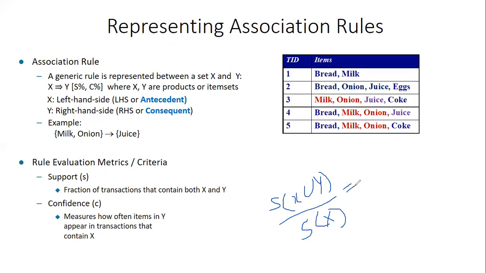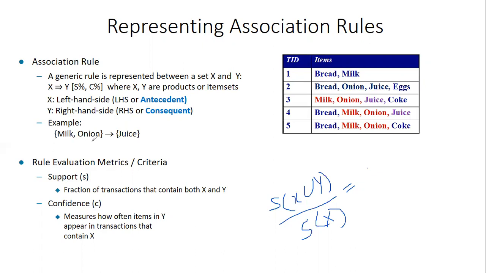That means when milk onion juice is purchased, how often milk onion will be there in the transaction. So support of XY, where X is milk onion and Y is juice, so milk onion juice.